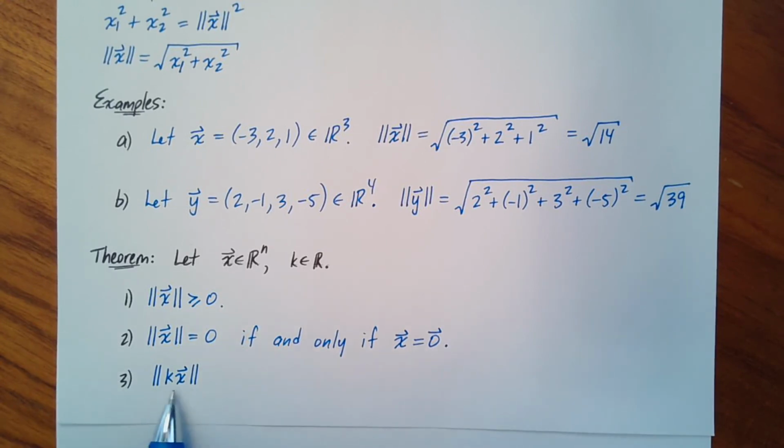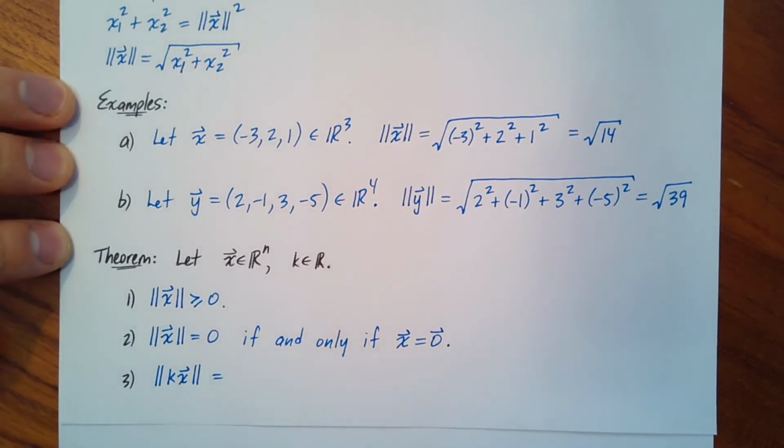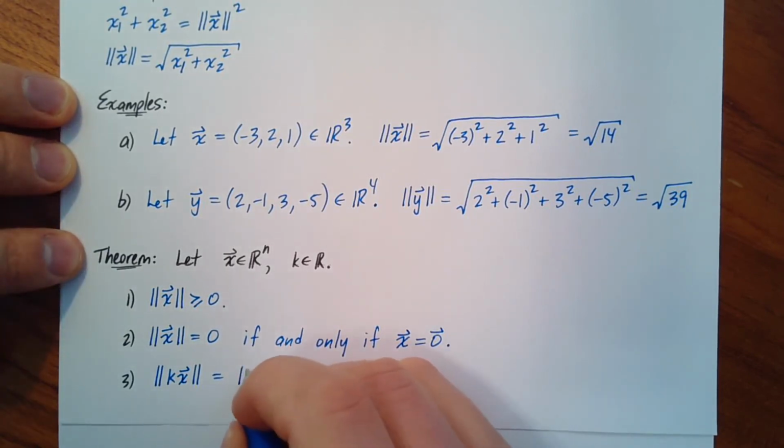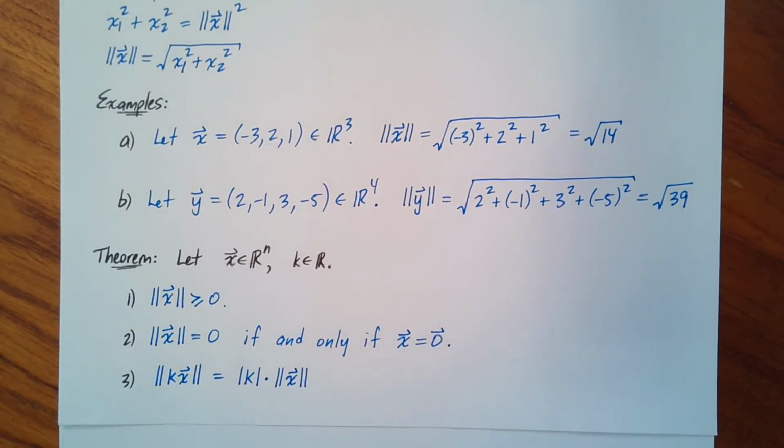But what this is going to give me, it turns out, and you might ask the question, can you pull the scalar k out of the norm, out of the length function? And the answer is yes, but it's going to cost you an absolute value sign, right? So what this will be is the absolute value of k multiplied by the magnitude of the vector x, or the norm of x.